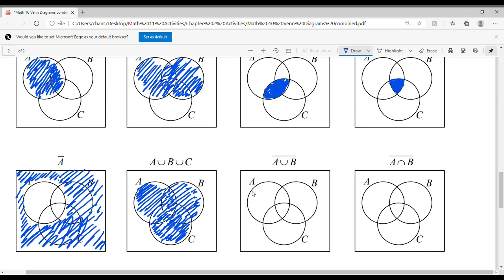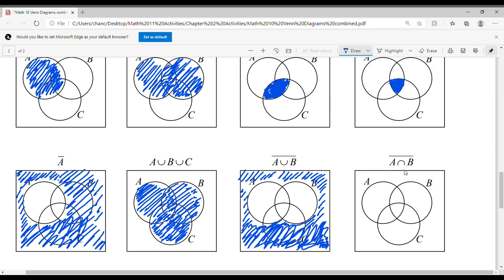So A union B would be this circle and this circle together, but we want to take the complement of that. So the complement of A union B is the opposite of A union B. So everything outside of A, everything outside of B. That is our region.